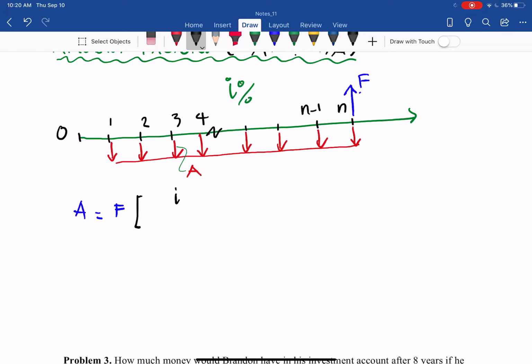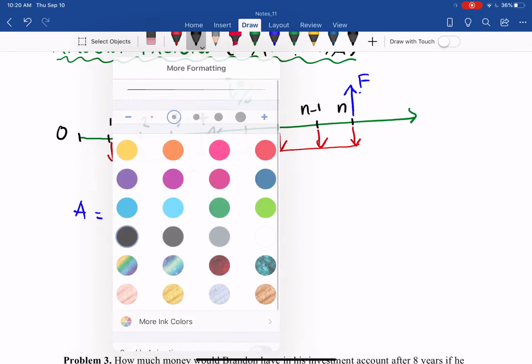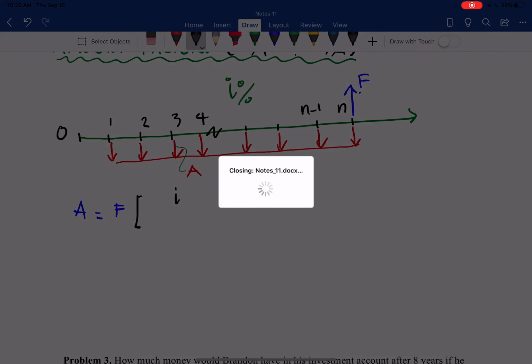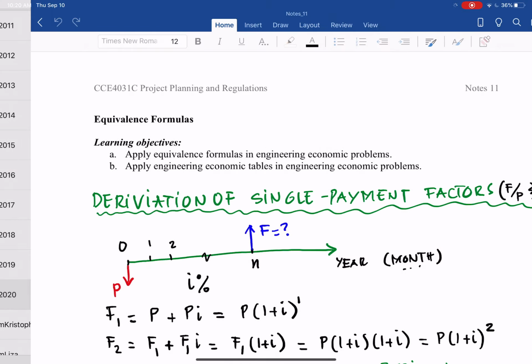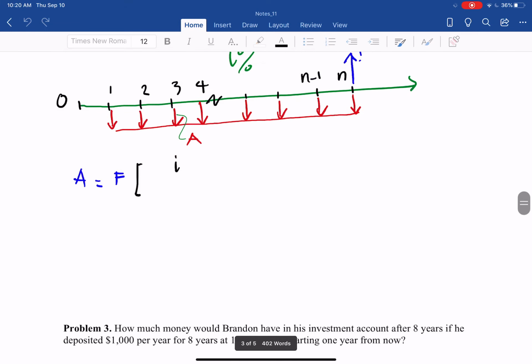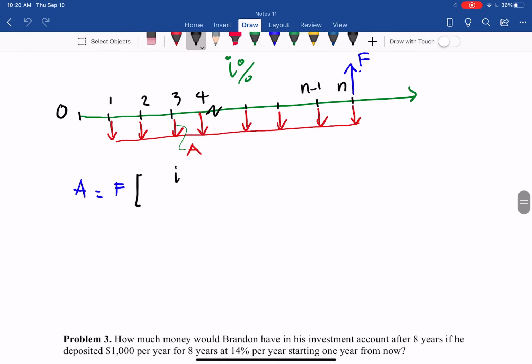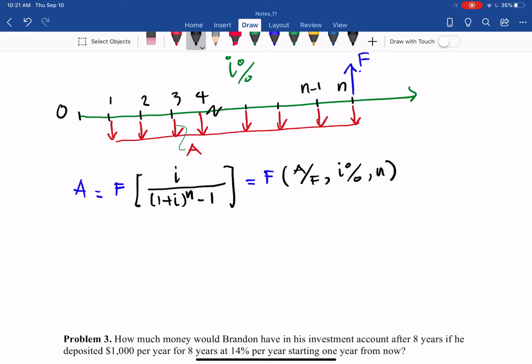I cancel out the (1+i)^N, so you have A equal to F times i over (1+i)^N minus 1, and that is the equation. Or you use the table in the reference, A given F, i% and years.